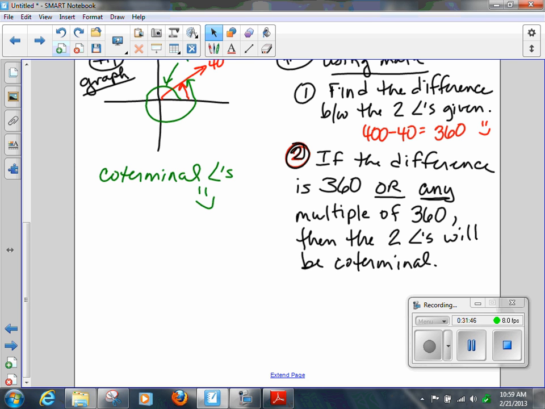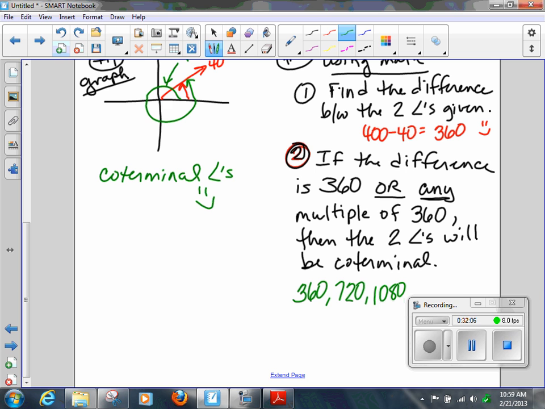What does that mean? That means that your difference has got to be 360. Say it again. 720. Keep going. 1080. How are we getting these numbers? You just keep adding 360. I could also go the other way, couldn't I?